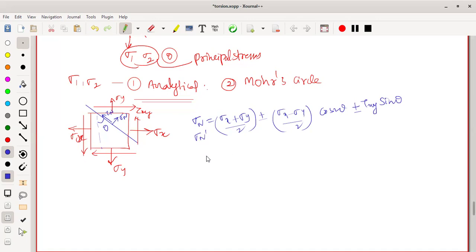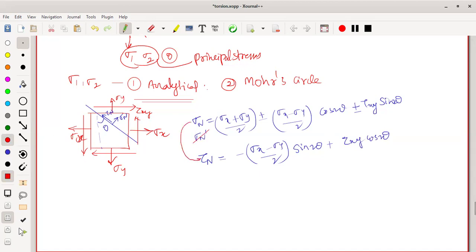This is the sigma n formula, and again you have the tau n formula, that is minus (sigma x minus sigma y) by 2 times sin 2 theta plus tau xy cos 2 theta. So these are the two stresses.